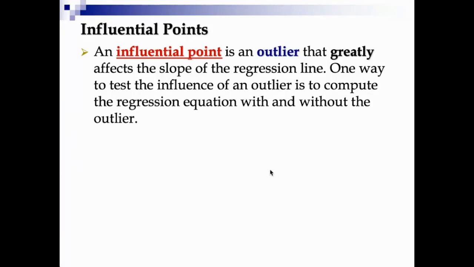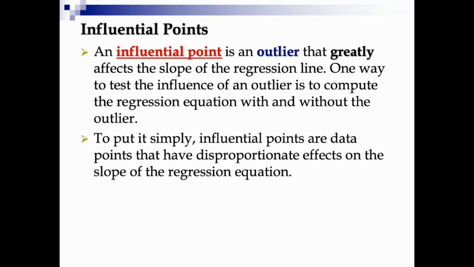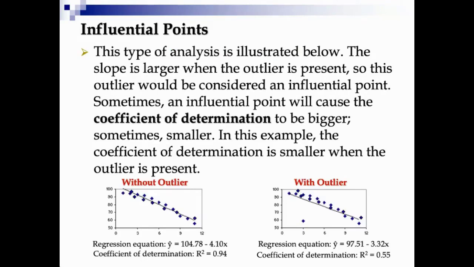So any point that greatly affects the slope or the correlation is going to be considered influential, if you evaluate the slope and the correlation with and without the point. Okay, so to put it simply, influential points are data points that have a disproportionate effect on the slope of the regression line. So it's mainly about the slope, okay?